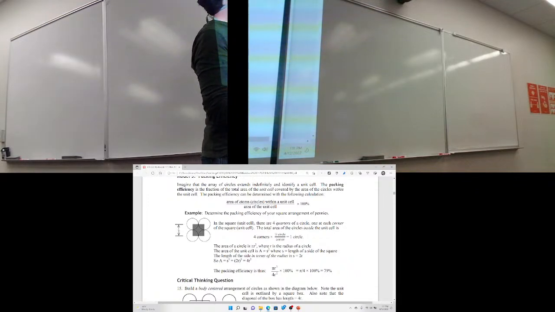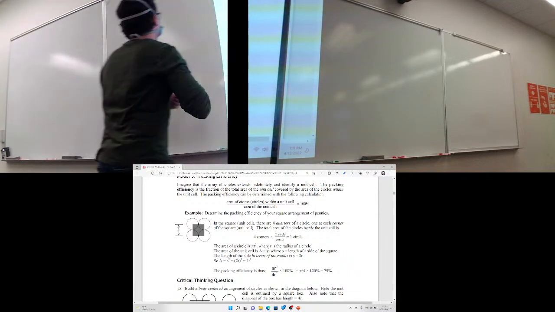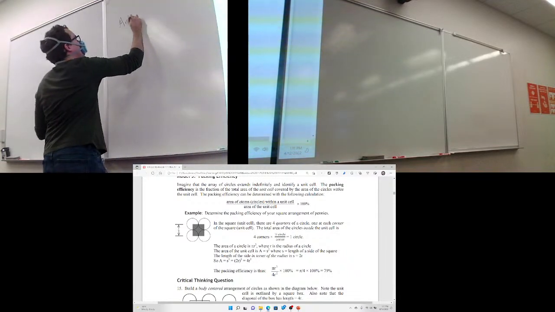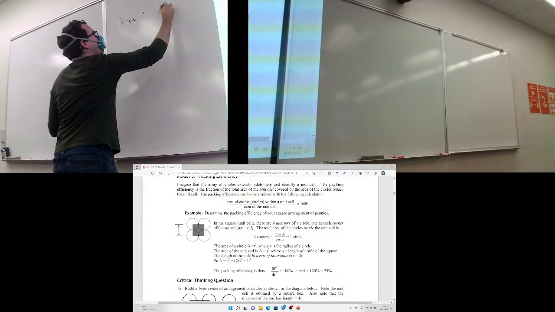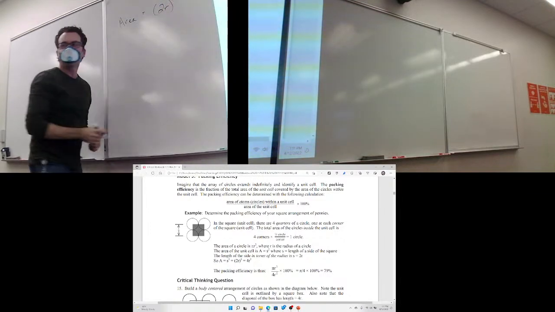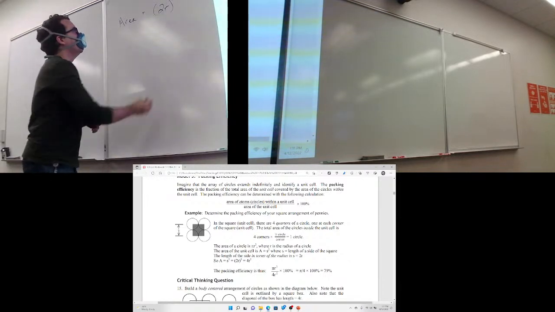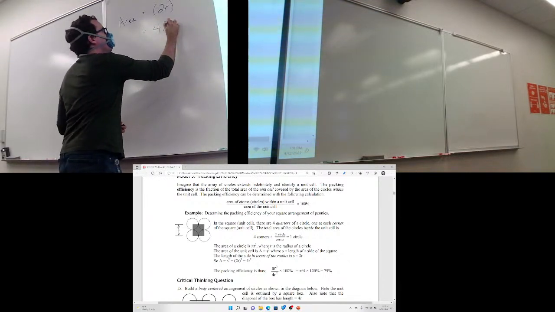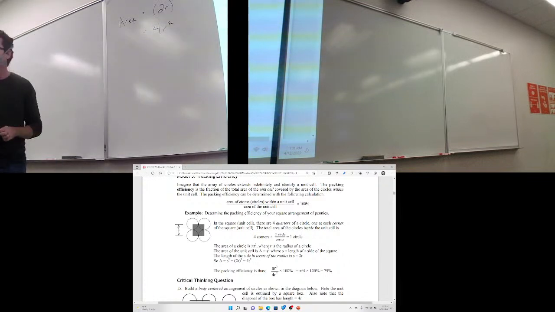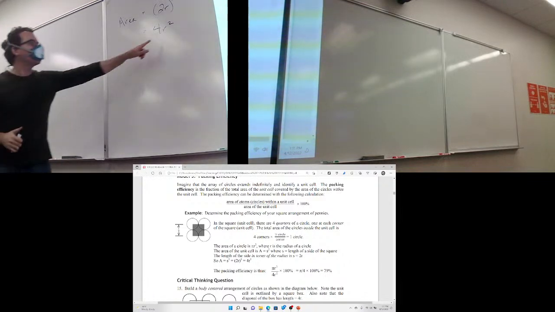So S, the length of one side of the unit cell, is 2r, 2 radiuses. So the area is going to be 2 radiuses squared, 2r times 2r. Length times height. So the area is 4r squared. That's our denominator. That's the area of the unit cell with respect to the radius of the atom.